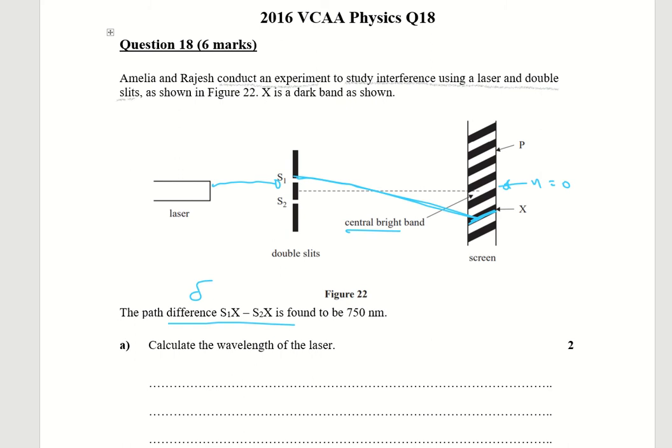So that's one of the pathways. It will also connect with path S2X, which is this one here. And when these two waves of light combine, you get a destructive interference. So we have destructive interference here.